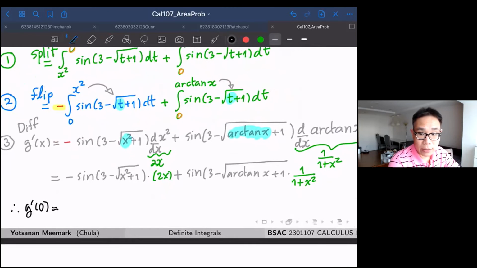You see that the first term turns out to be 0 when x equals 0.